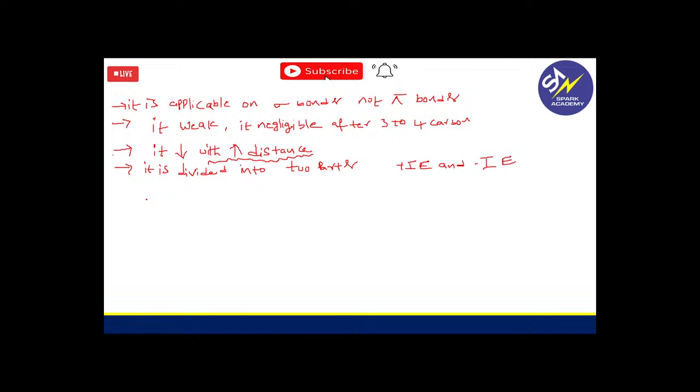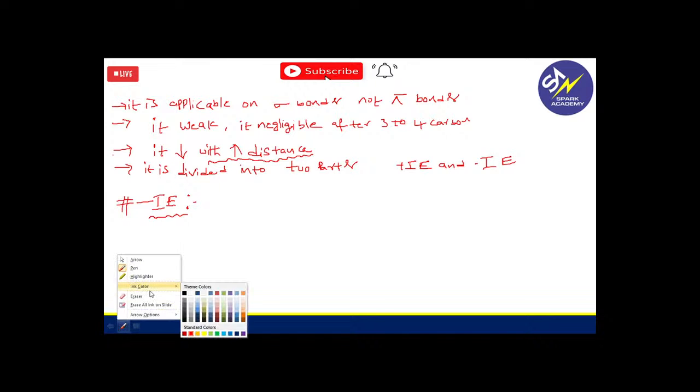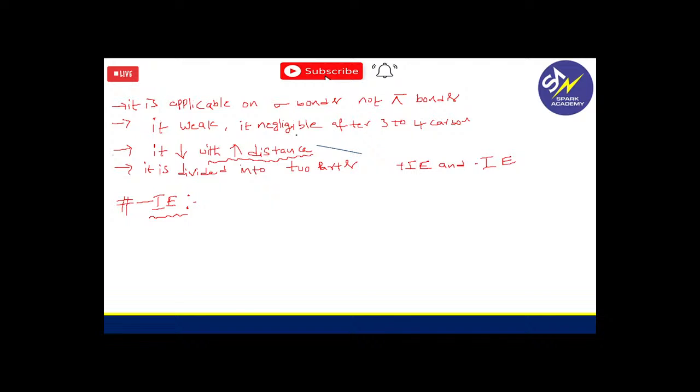See, our first one, we will discuss minus IE effect. What is minus IE effect?